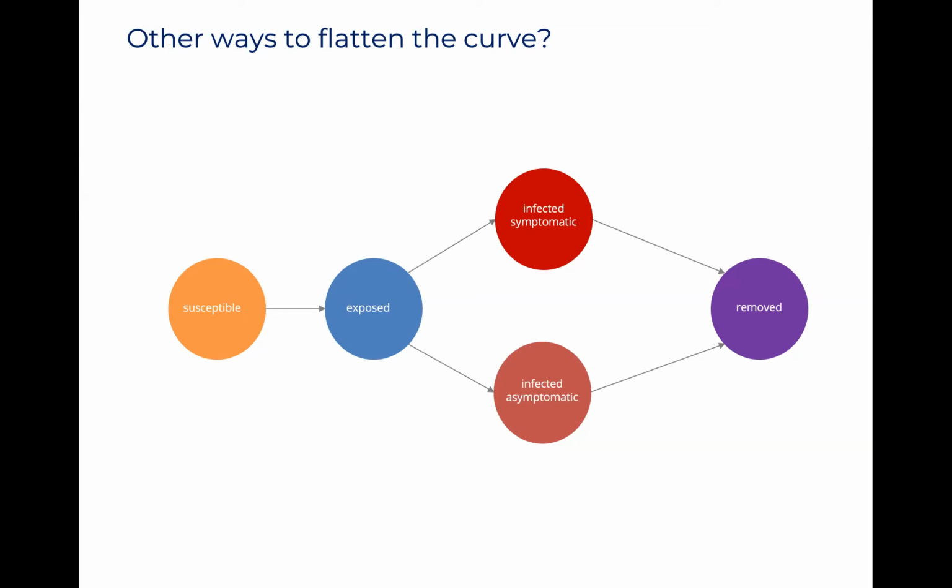I'm just asking why do you need this exposed compartment? What does it bring into your model? In terms of modeling, it doesn't bring a lot. I could go directly this way and this one directly, but in terms of biology, the exposed compartment is still important because you are infected and you don't know.